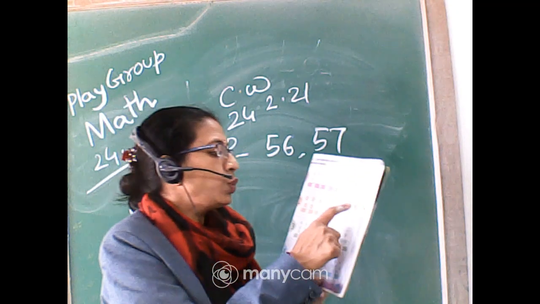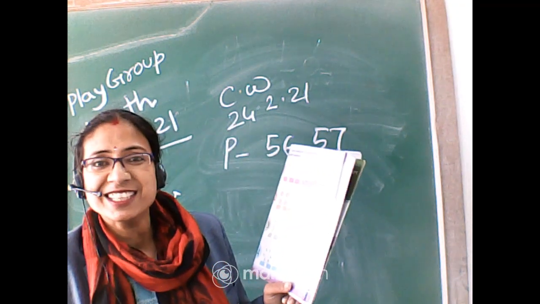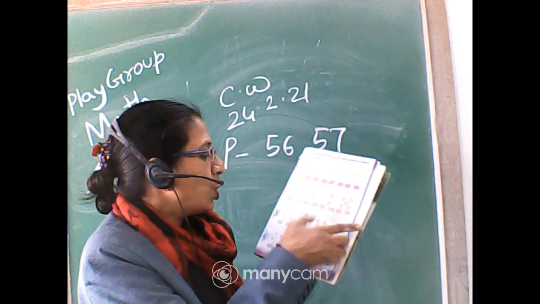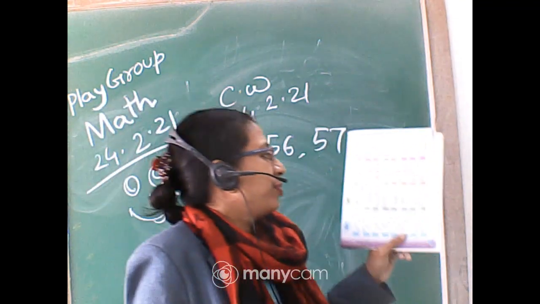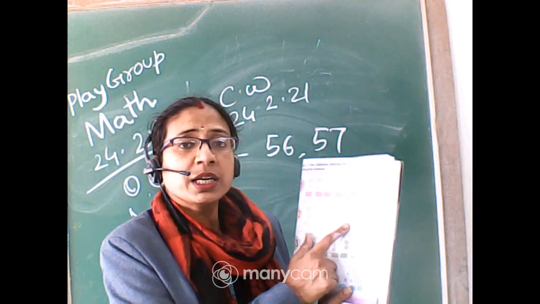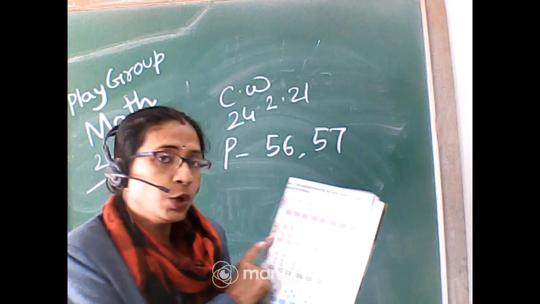And 1, 2, 3, 4, 5. 5 buttons are there. So which one is correct? Yes. 2 and 1, 2. So it is also number 3. Number 3 means third box, that is 2 buttons are there. 1, 2. Which one match with number 2?